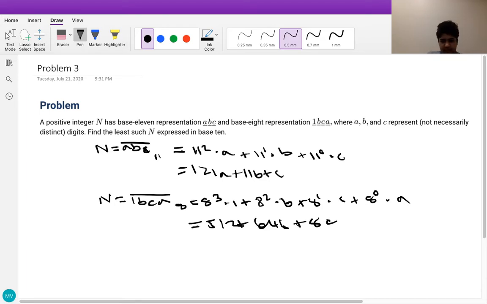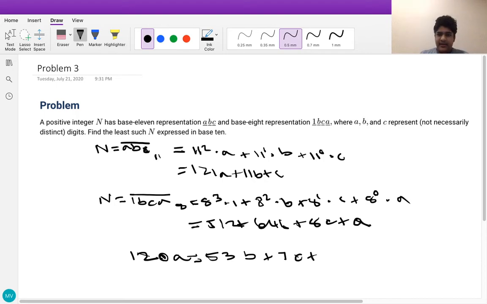And now here we can just set these two equations equal, to get that 120A is going to be equal to 53B plus 7C plus 512.